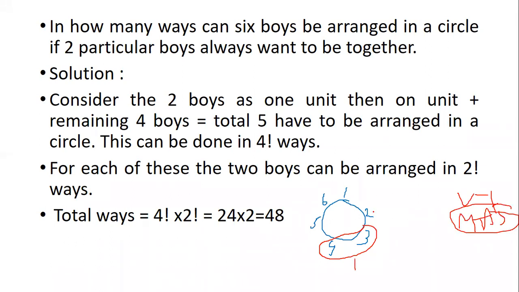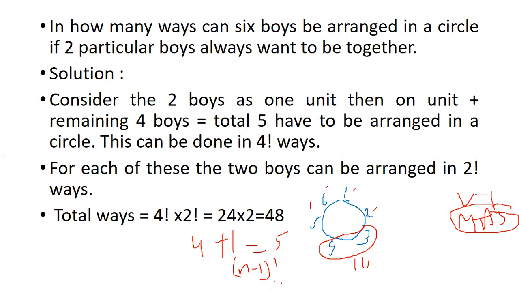Now apart from this, how many more people are there? 1, 2, 3, 4. So 4 other people are there, plus one unit where 2 of them want to be always together. Now I have total 5 of them in a circle. When I have 5 of them in a circle, I can arrange them in n minus 1 factorial ways.